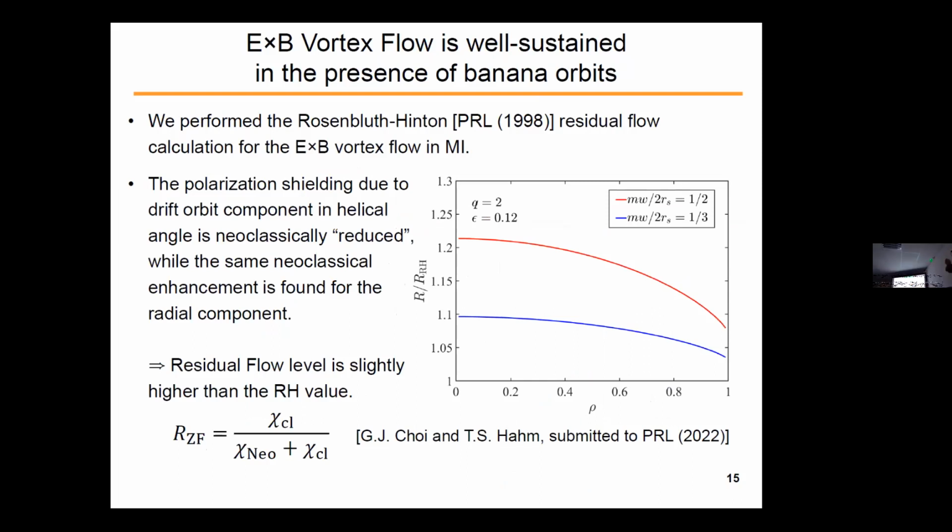So the first example of our calculation is how this E cross B vortex flow inside a static large-scale magnetic island is sustained. We took this problem as a modification to the Rosenbluth-Hinton problem of how axisymmetric zonal flow in axisymmetric tokamak geometry can be sustained in the presence of trapped particles and toroidal geometry.